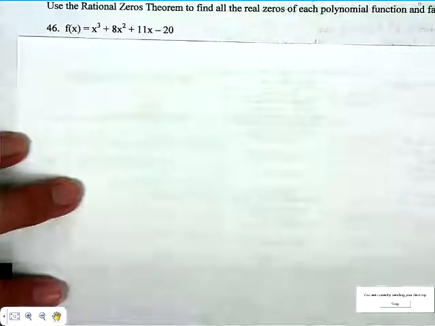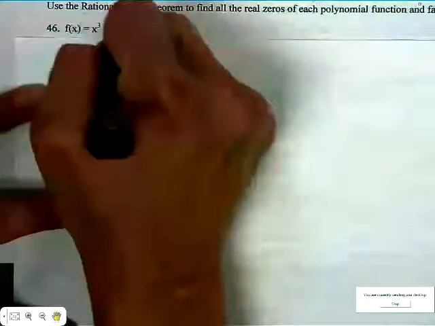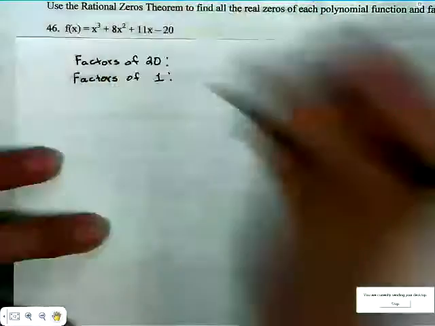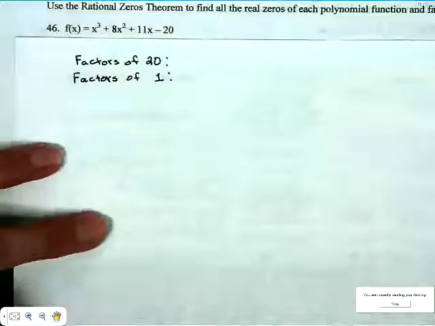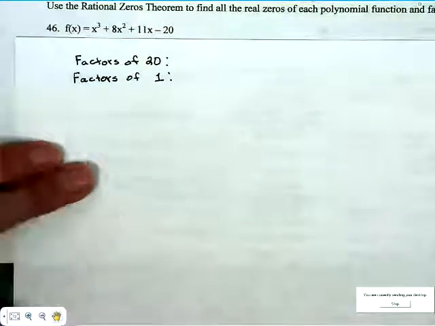Here's how I'm going to find it. I'm going to list the factors of the constant, and I'm not worried about the negative right now, just factors of 20, and then the factors of the leading coefficient, which in this case is 1. Let's get those factors and then figure out the rational zeros theorem.